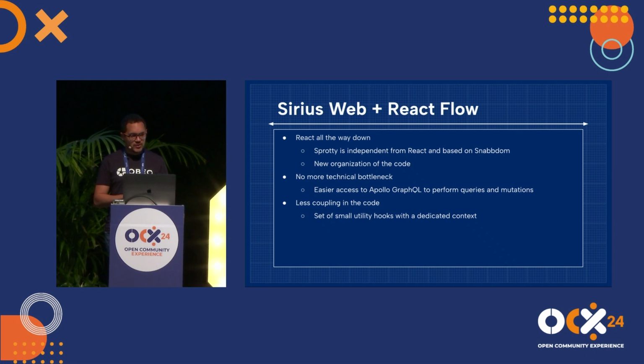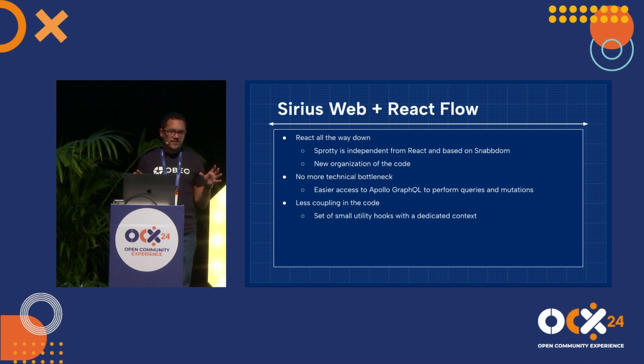So it gave us the opportunity to change the organization of the code and simplify lots of connections that we had to the diagramming framework. It also removed a huge technical bottleneck for us because we had our React code, and in the end, we had to give everything to the entry point of the Sprotty support.